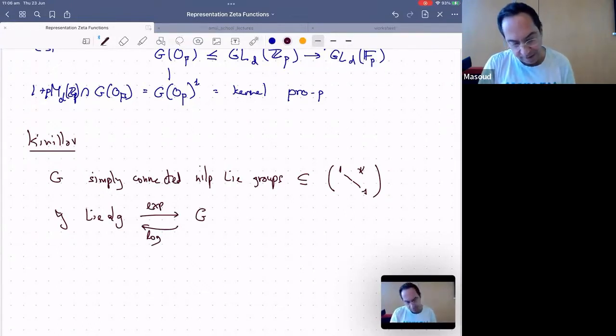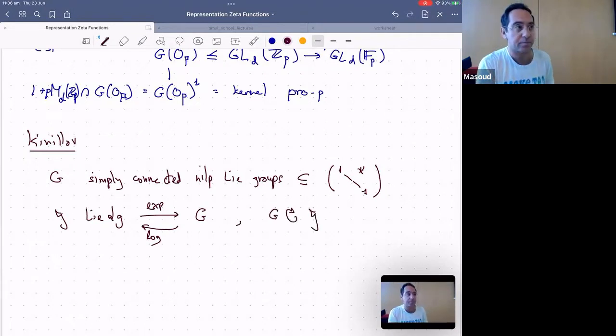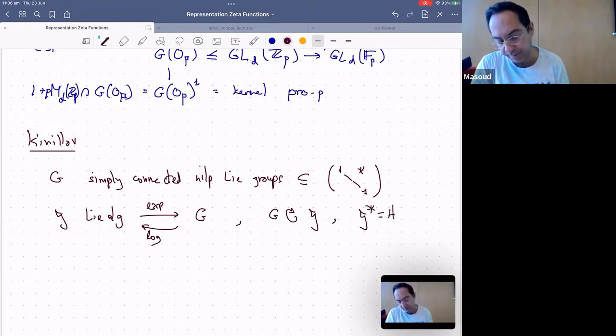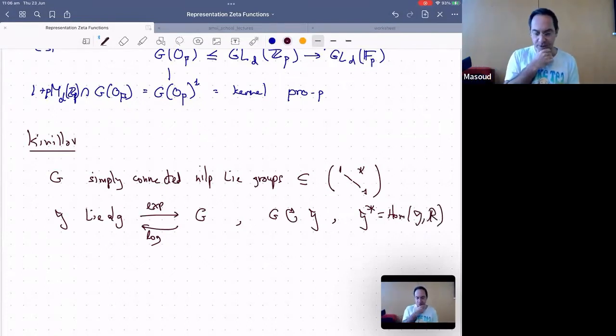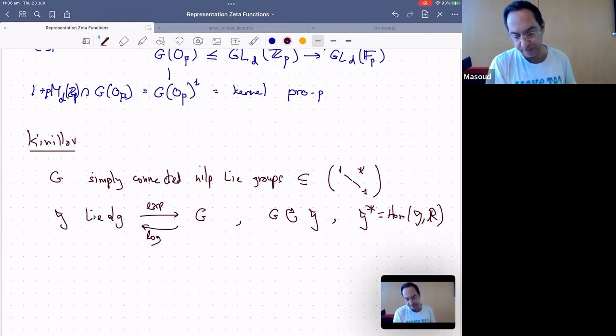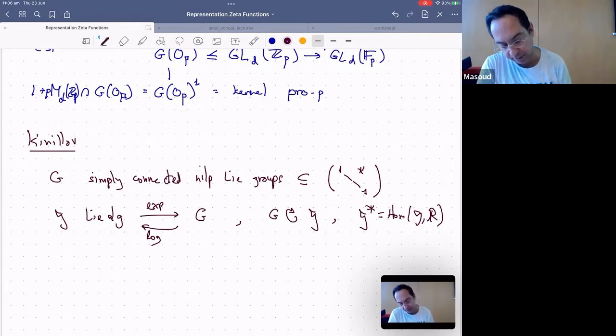And you have an action of G on the Lie algebra, and therefore you also have an action of G on the dual, on functionals. And this is the action which is interesting here, the co-adjoint action. So the action of G on the Lie algebra is the adjoint action, and here the action is the co-adjoint action.